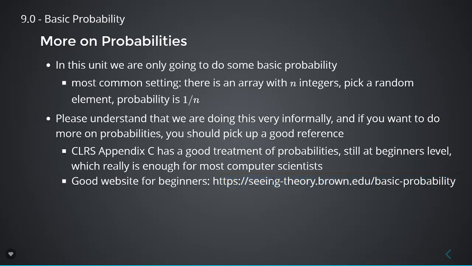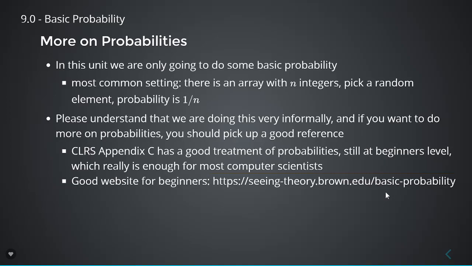So give it a go, especially when you have time later on after the semester during your break, because I think it's good to know basic probability. You don't have to go really deep into it, because it can get quite hard. But if you know enough to get around, you will do much better in writing algorithms. I really think so. All right, so that is it for probabilities.